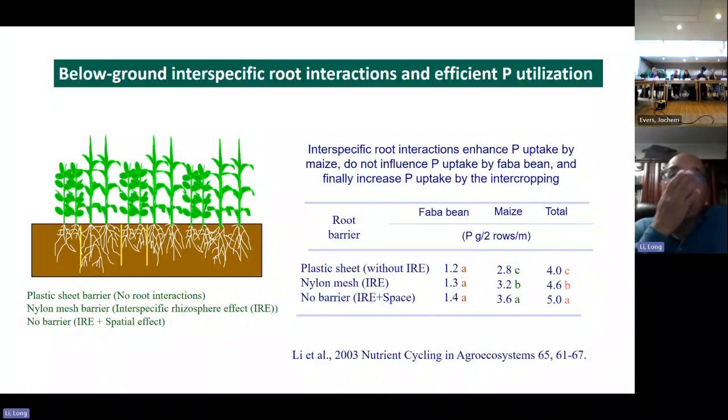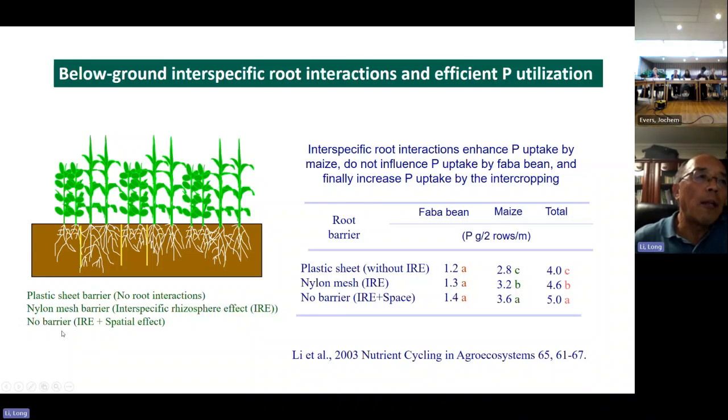Because we want to know what happened below ground, we used this kind of root barrier in the field. We used a plastic sheet barrier, which means no root interaction between the two crops below ground.